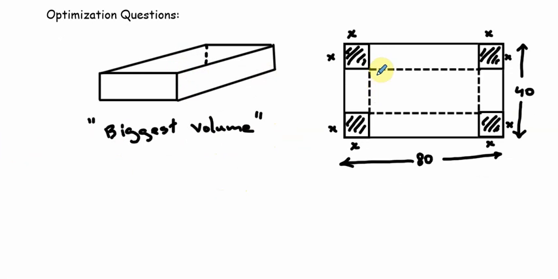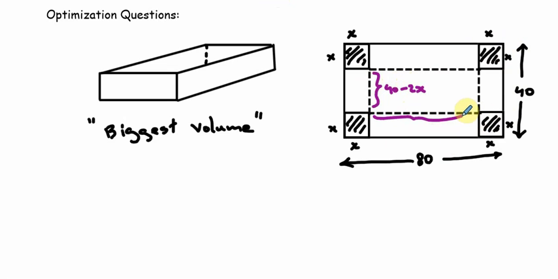So these little dimensions here, maybe I'll change color for that. This dimension here would have been taking 40, and then when you fold up the sides, you're going to lose x and another x. So this side is 40 minus 2x, and this dimension down here is the same sort of thinking.